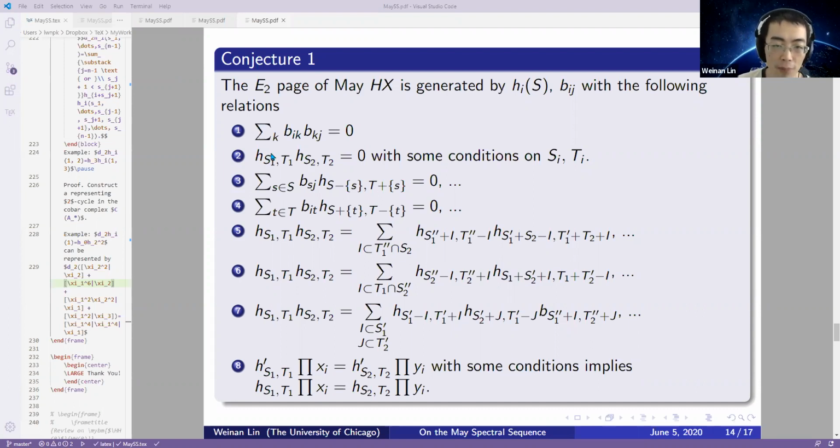At least there's a hope that you can list all relations. But I think for E2 pages of Adams, or for example for the E4 page of May, maybe theoretically it's possible, but I don't believe a human can manage to describe the algebra at all.